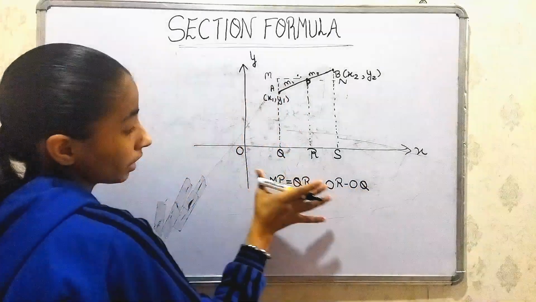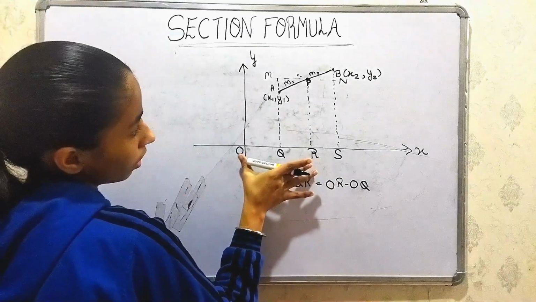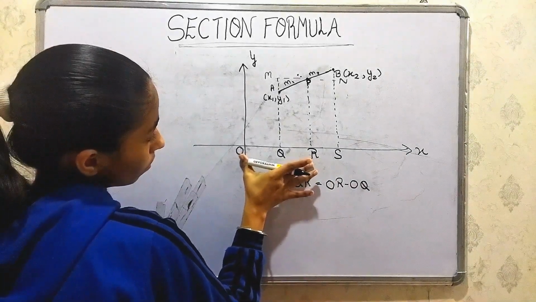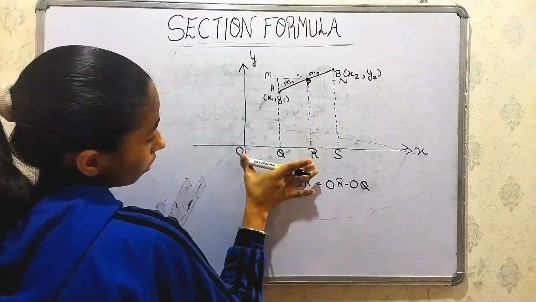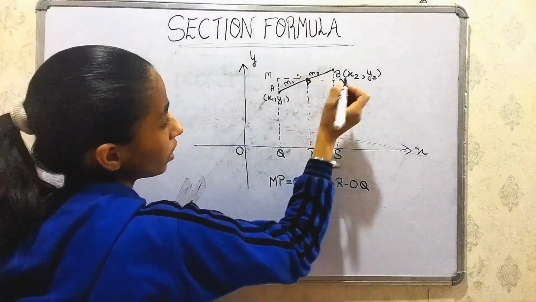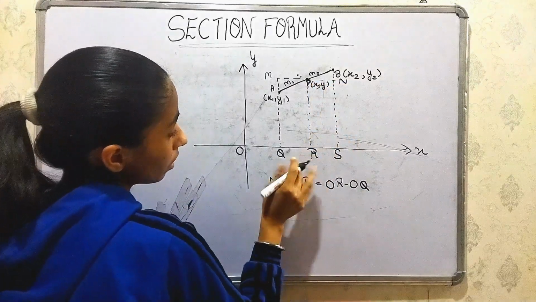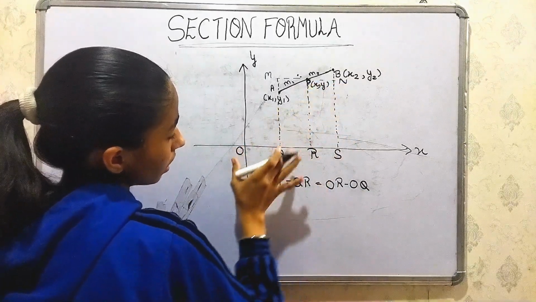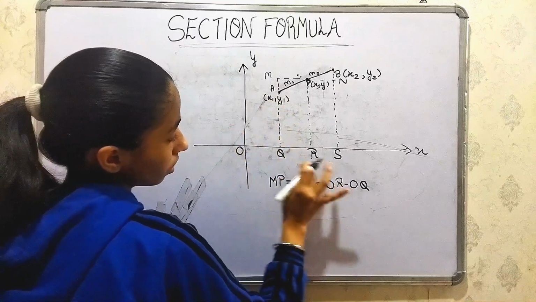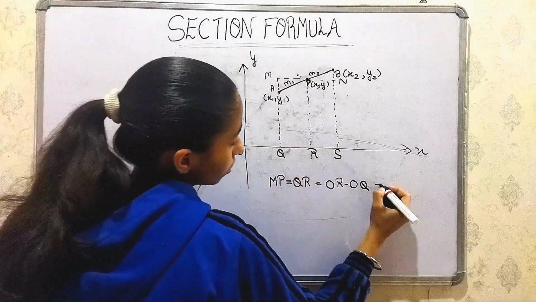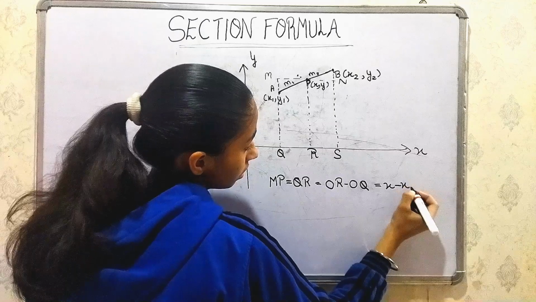Now here what is OR? Let's say the point P has the coordinates x, y. So here OR is x and OQ is x1. So it will be x minus x1.